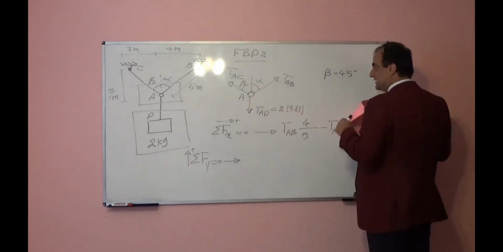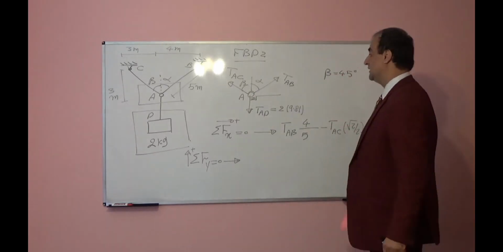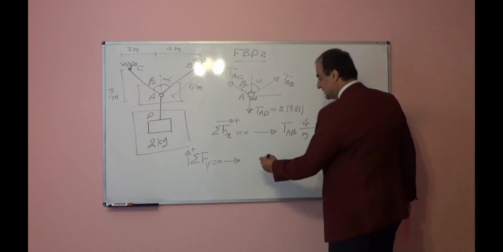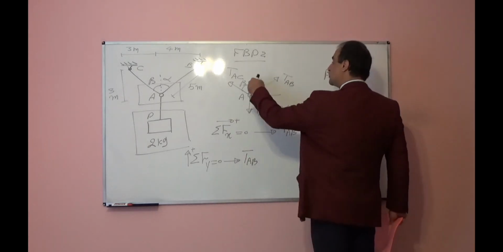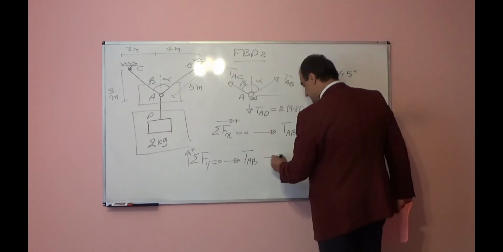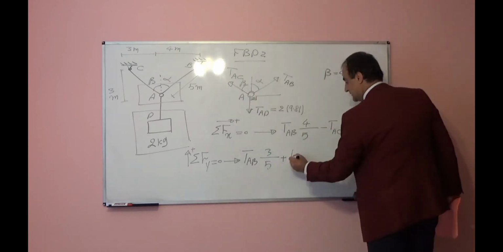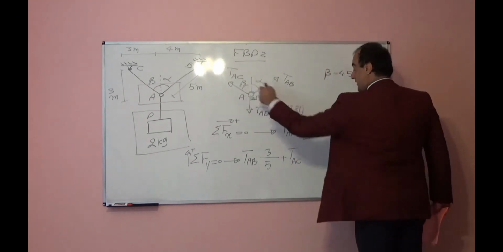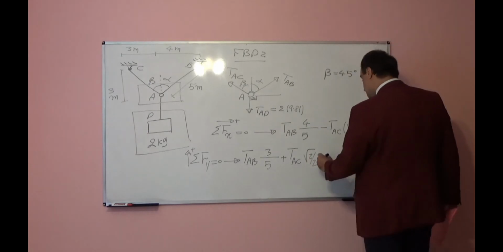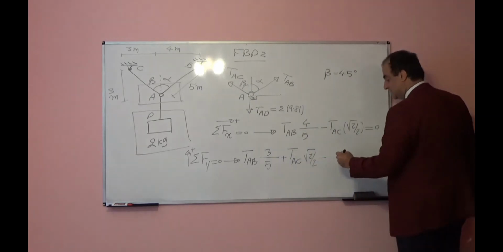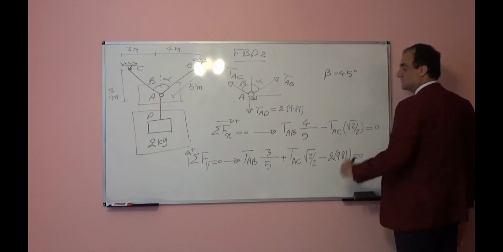For the summation of forces in the y direction, it will be T_AB, the tension in AB, cosine alpha, which is 3/5, plus T_AC cosine beta, cosine of 45 which is square root of 2 over 2, minus T_AD, which is 2 times 9.81, is equal to 0.